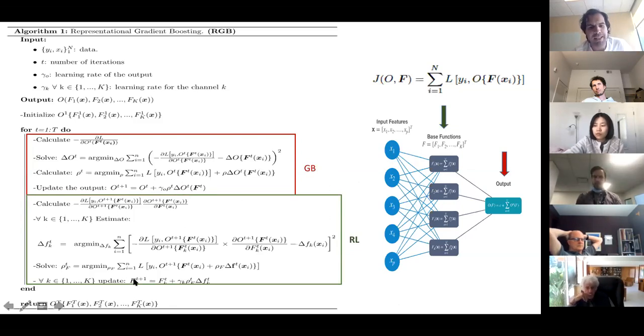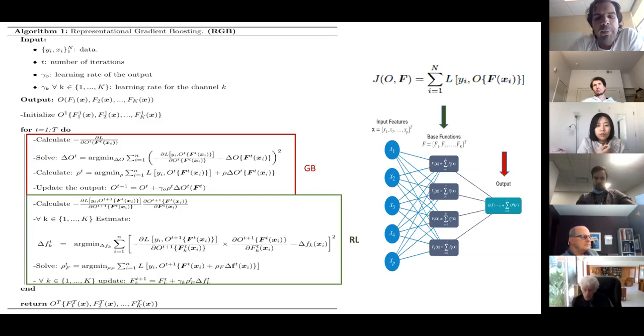I don't know if you recognize this term here, but it's essentially ∂L/∂O times ∂O/∂F, which is the generalized residual, or the first derivative of the loss function with respect to this nested function. It's just the chain rule, and it becomes backpropagation in the space of functions.